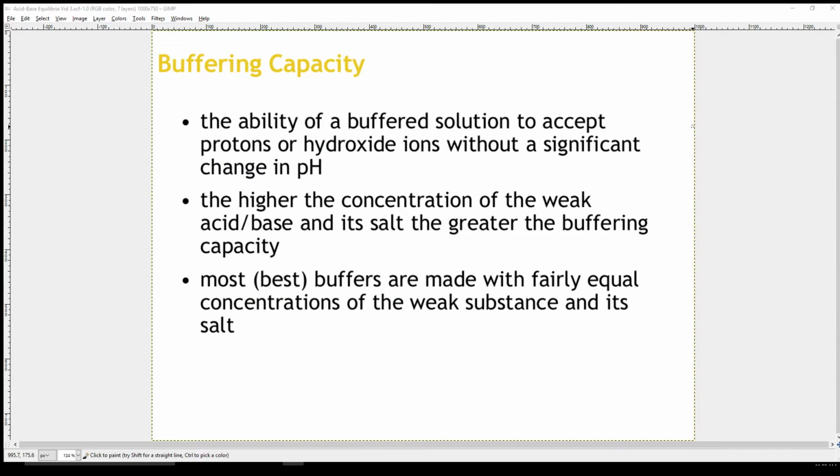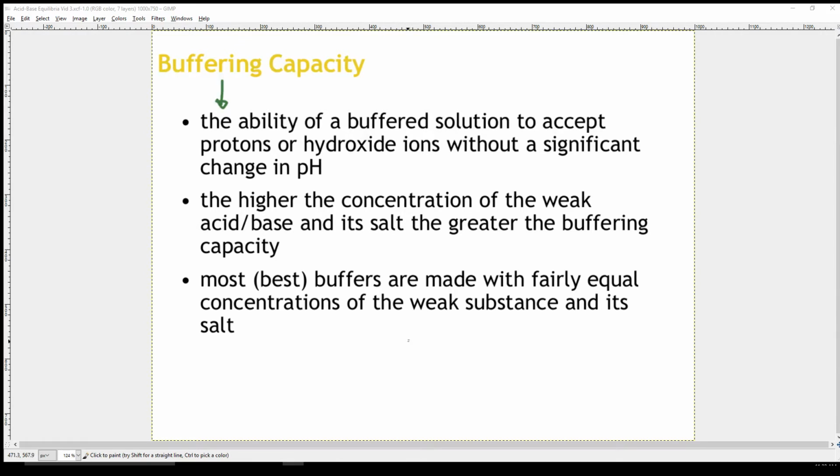So, buffering capacity. Buffering capacity is the ability of a buffered solution to accept protons or hydroxide ions without a significant change in pH. In other words, you can add a whole bunch of acid or a whole bunch of base and the pH won't change. The higher the concentration of the weak acid or base and its salt, the greater the buffering capacity. In other words, the more you have of everything on either side of that arrow, the better the buffer works.